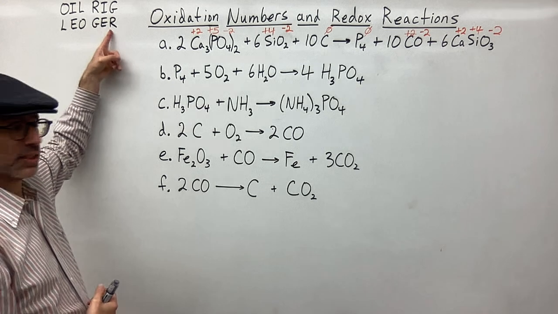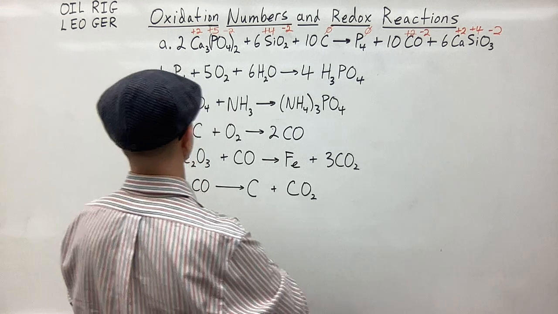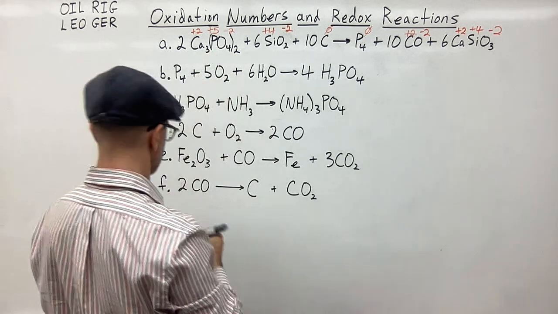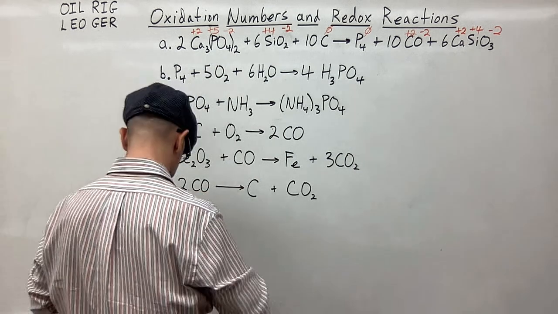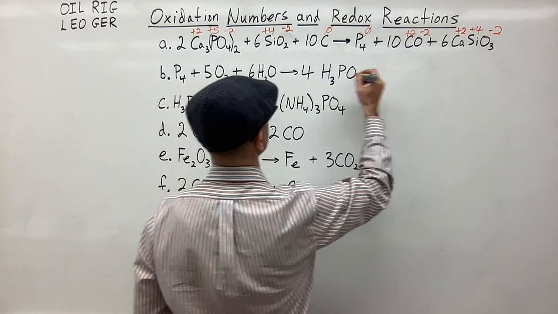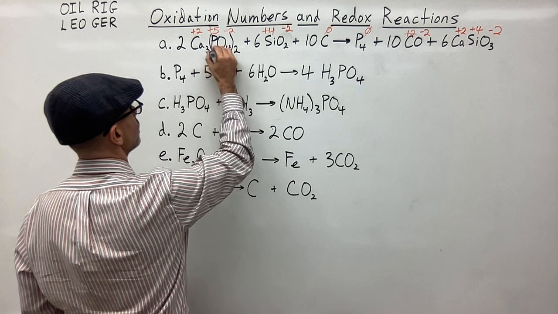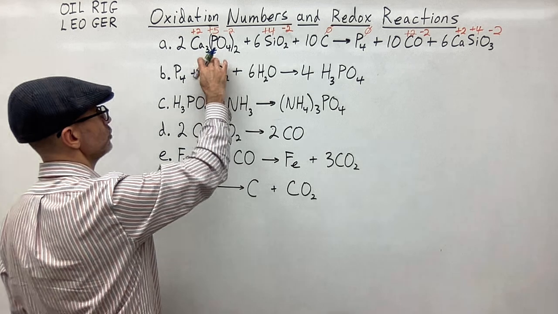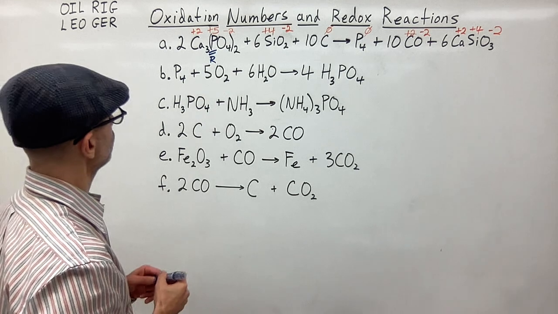Gain of electrons is reduction. So that means that in this case, P was reduced. Okay? So right here, we'll put a line under P. So P was reduced. We'll put an R there for reduced.